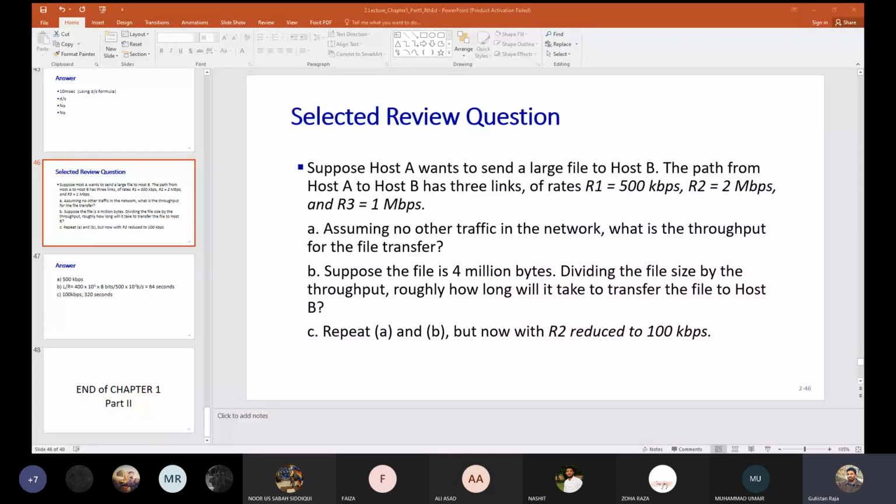Is 47 present? So 47 is also absent. 96. Is 96 present? So 96 is also absent. Then we have 150. Is 150 present? तो absent.